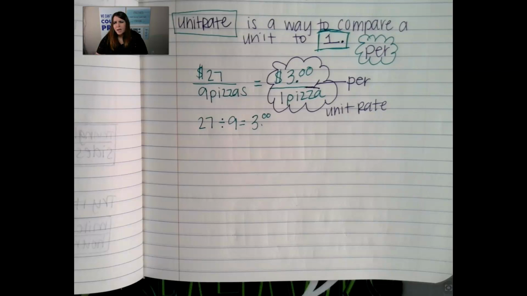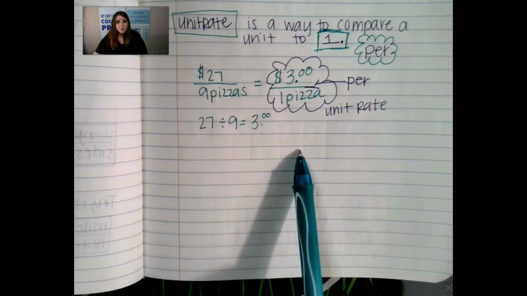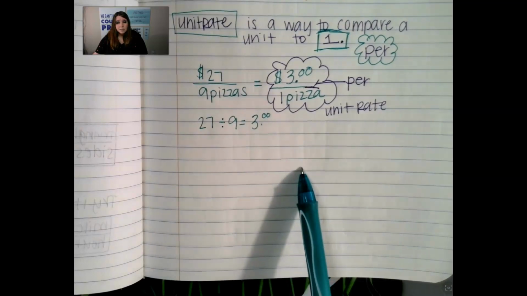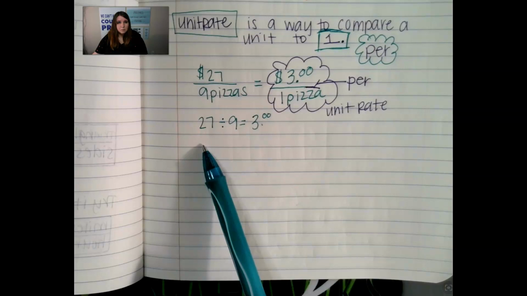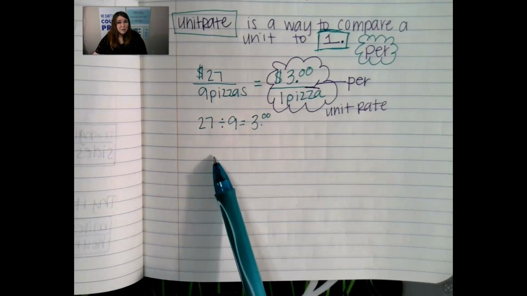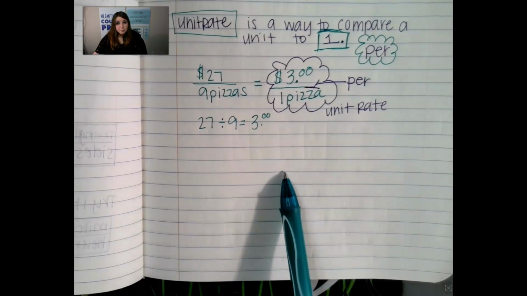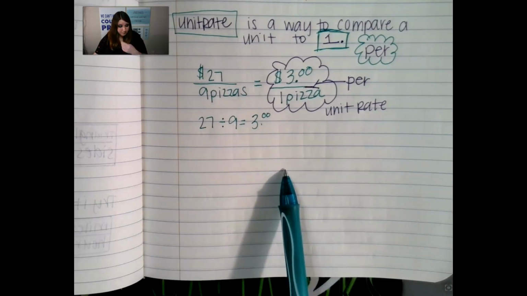If I was comparing Pizza Hut to Papa Murphy's per pizza, maybe it's $3 at Pizza Hut, but at Papa Murphy's it's like $12. We're comparing the same units of measurement per pizza, and so they would become equivalent at that point.